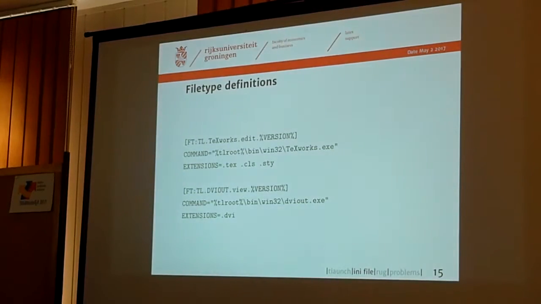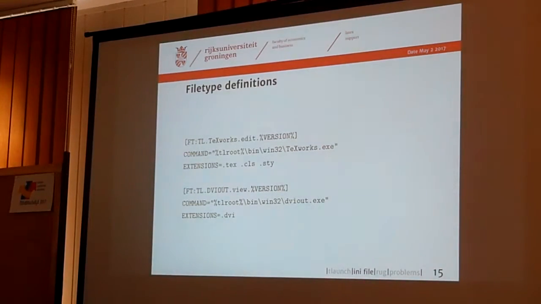So this is how you can code file type associations in the INI file. It is a conventional INI file because each section has a name in square brackets and then a series of assignments.